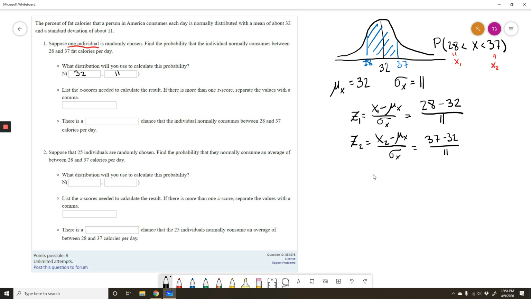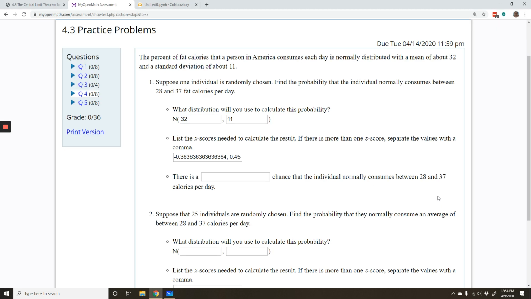Now, what this means is that since I want the probability that x is between 28 and 37, that's equal to the probability that z is between, and what do we have here?